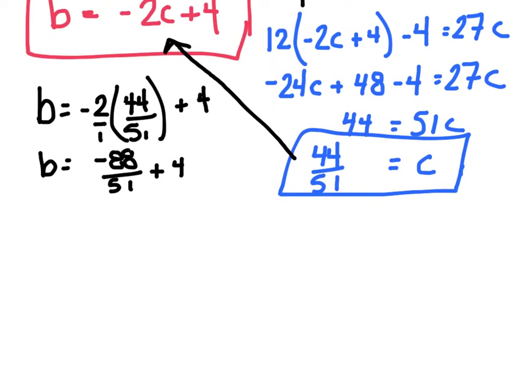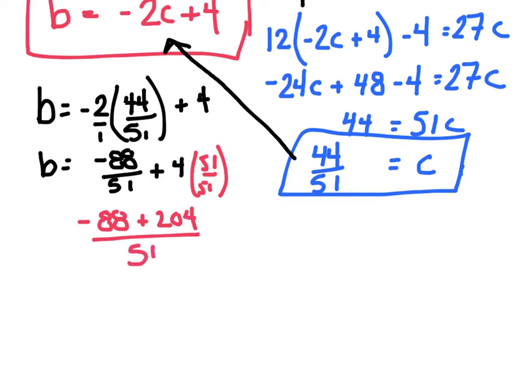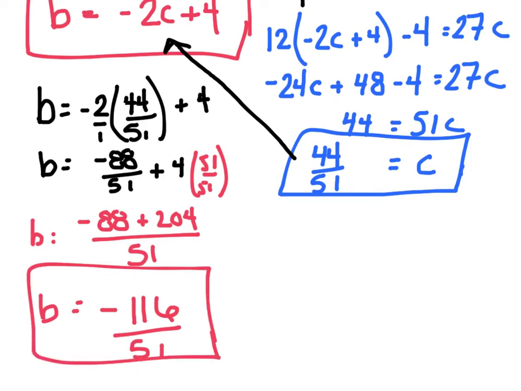I can multiply the top and bottom by 51. So that's negative 88 plus 204, all over a common denominator of 51. So b equals negative 116 over 51. Again, not the prettiest, not the ugliest, but very manageable.